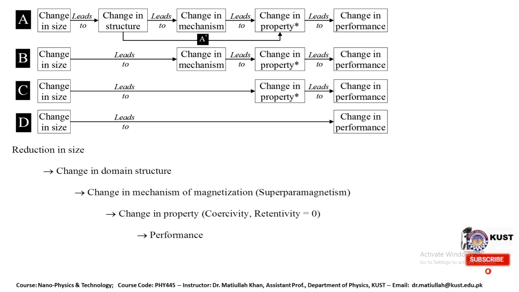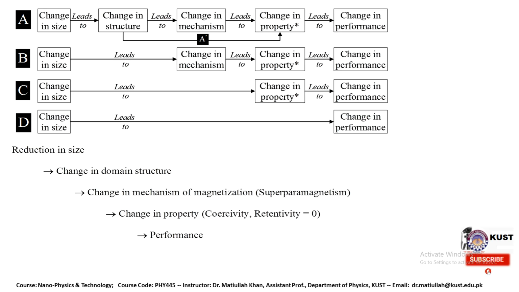This general schematic describes how the properties of the material are changed indirectly with the change in particle size. It is a stepwise change leading to the final property and, at the end, the performance of the materials.